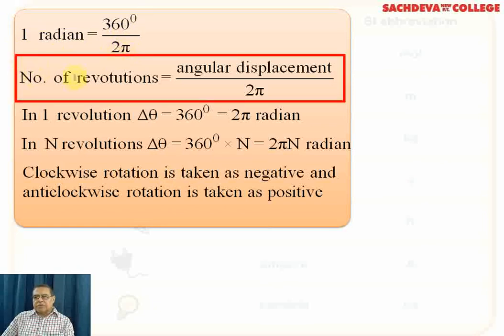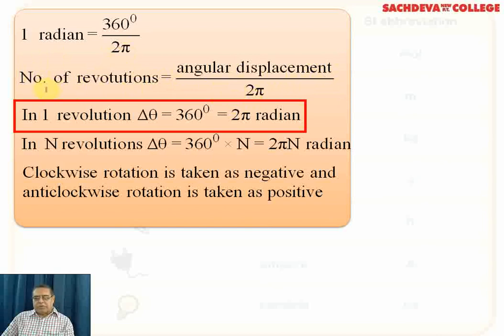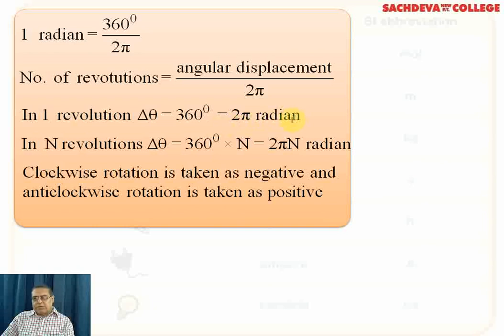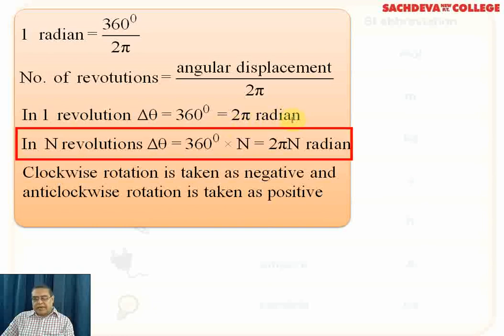Number of revolutions is taken as angular displacement divided by 2 pi. In 1 revolution, delta theta is equal to 360 degrees, and 360 degrees is 2 pi radians. So for 1 revolution it is 360 degrees, and for n revolutions it will be 360 degrees multiplied by n.